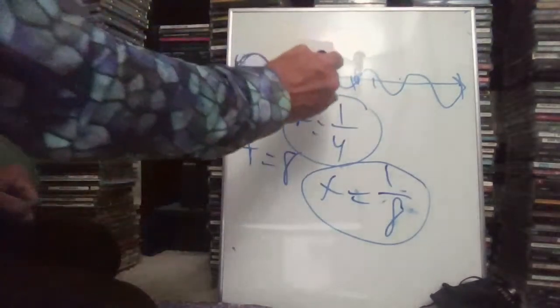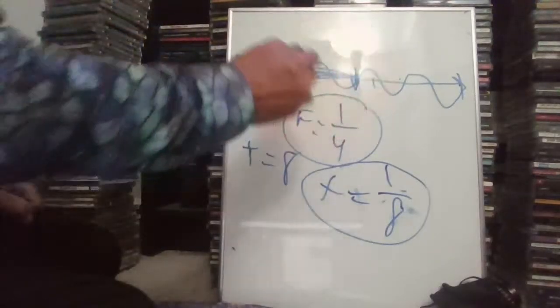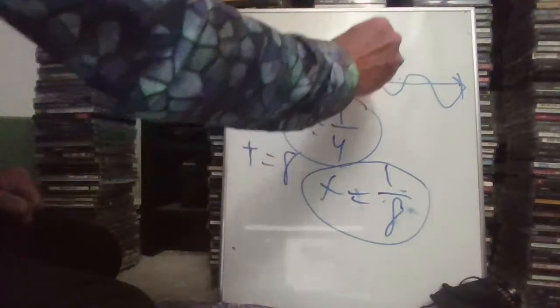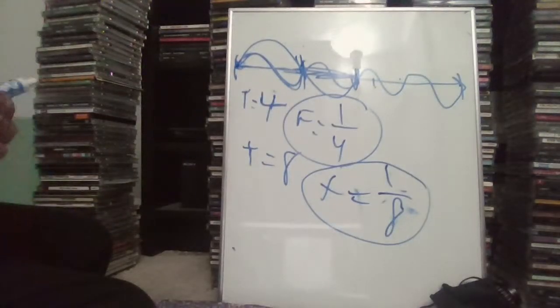Because if I double the period or the length of the string, I get half the frequency. Yeah, I get that.